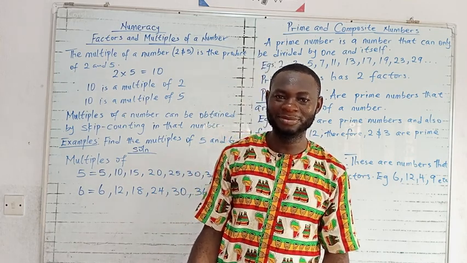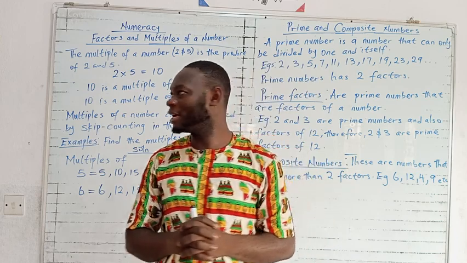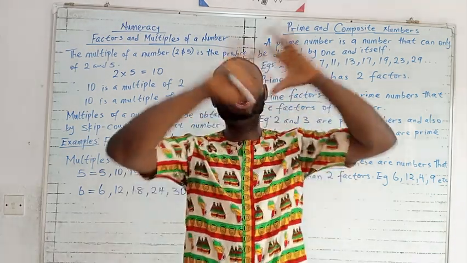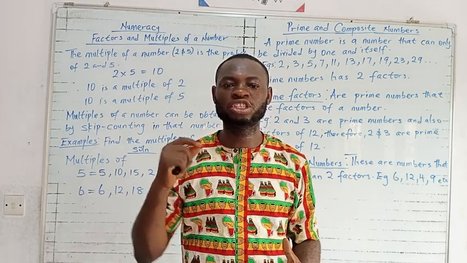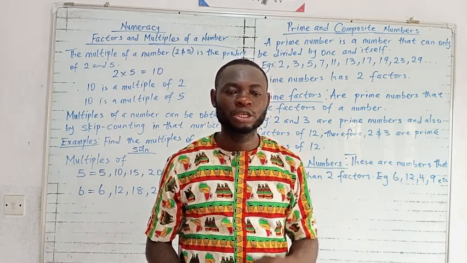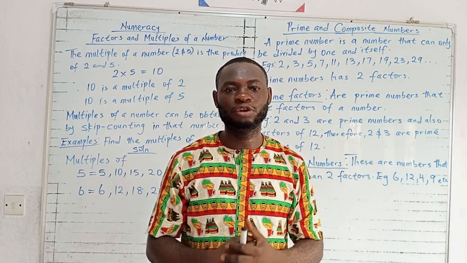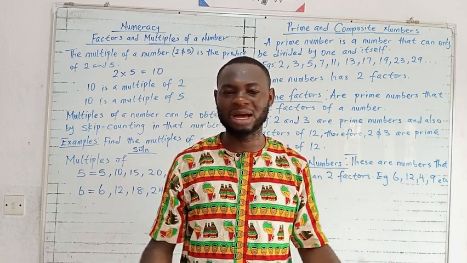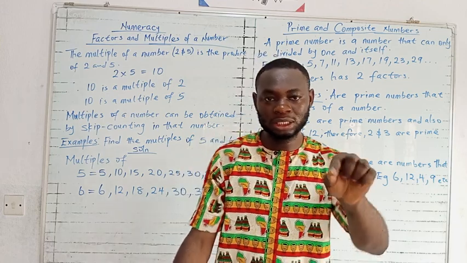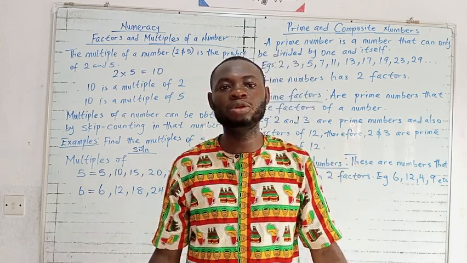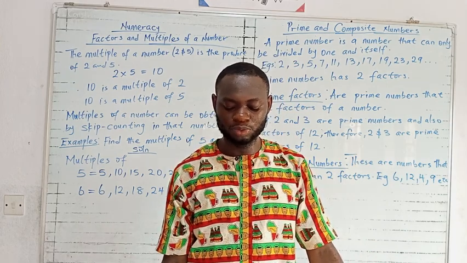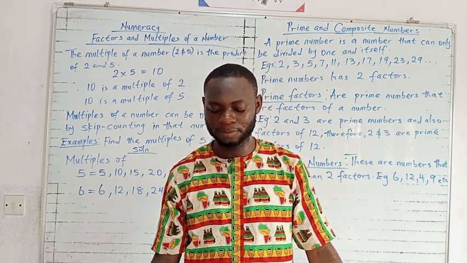Okay? Alright. So I think we will stop here. This is just introducing what multiples of numbers, what factors of numbers, what prime factors of numbers, and what composite numbers are. Now, in the next class, we will look at the calculations that come with factors and multiples of a number.